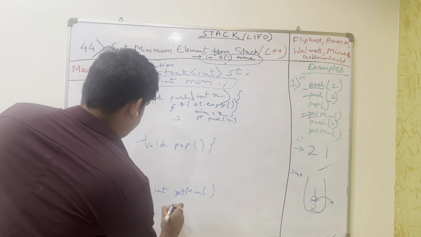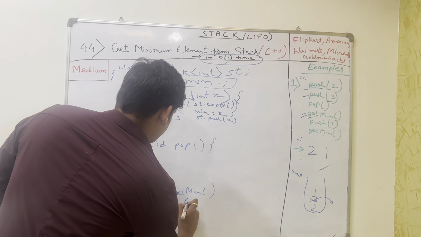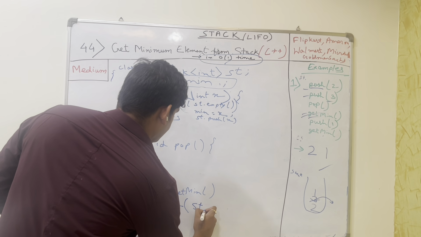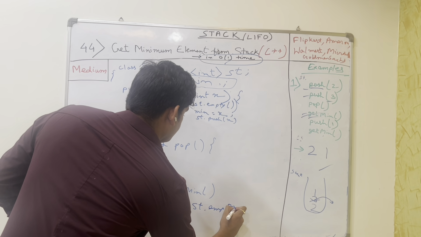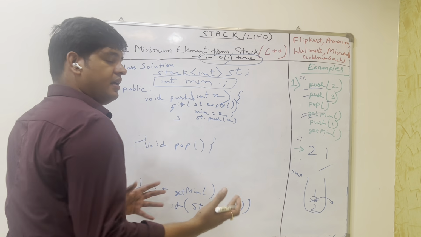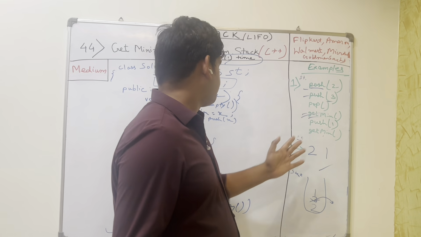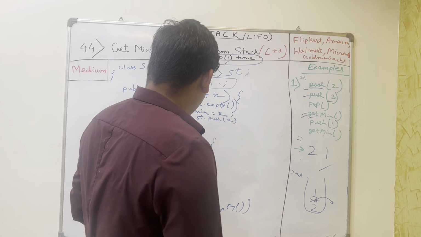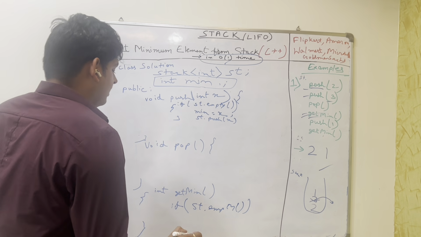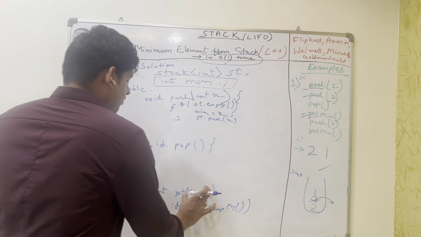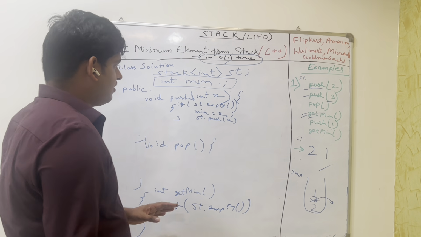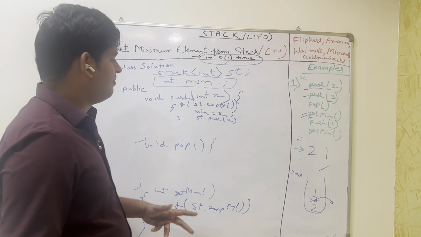So here, this code function is very simple. If stack is empty, okay, then what do we return? I'm switching the context, but it won't be any difficulty for you to understand.